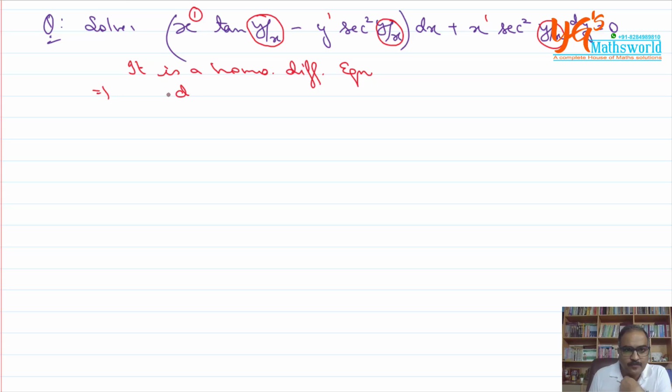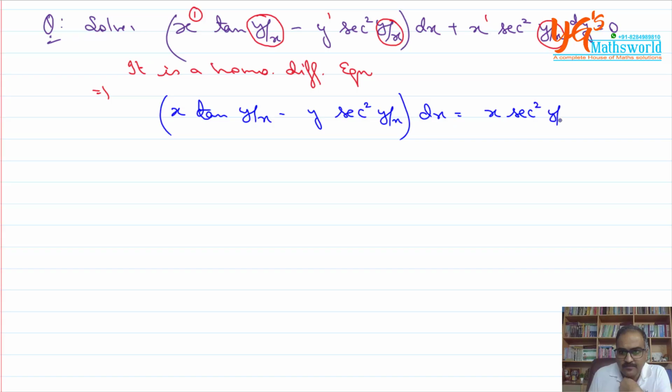So this equation can be x tan y upon x minus y times secant square y upon x into dx is equal to x times secant square y upon x into dy with a negative sign.